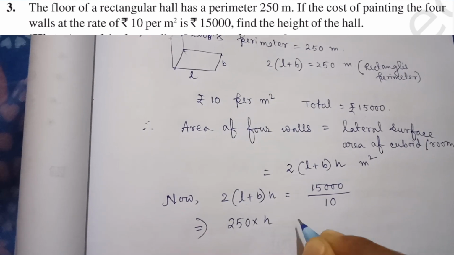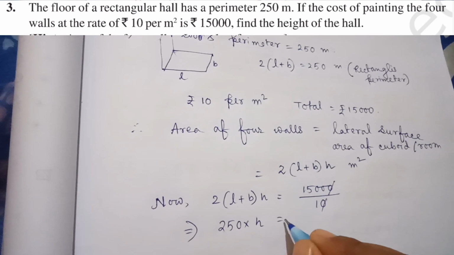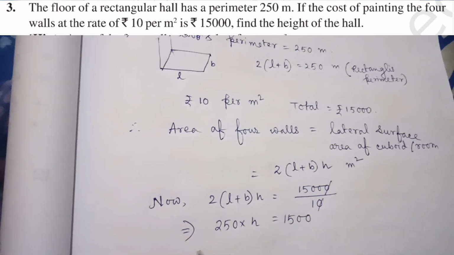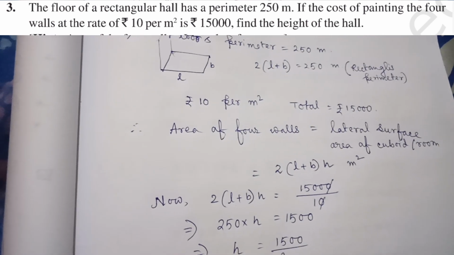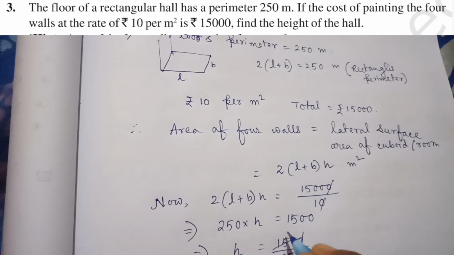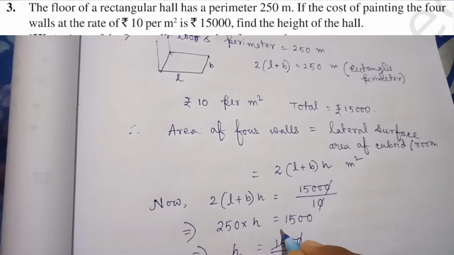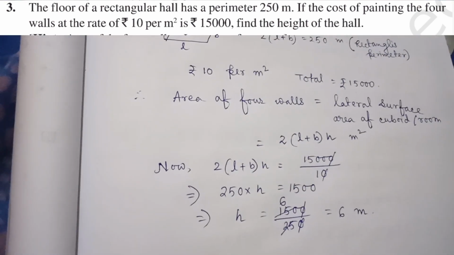Now 250 into H equals, this 0 will be cancelled out, so 1500 is left, and from that we get 1500 divided by 250, which is 6, that means 6 meter.